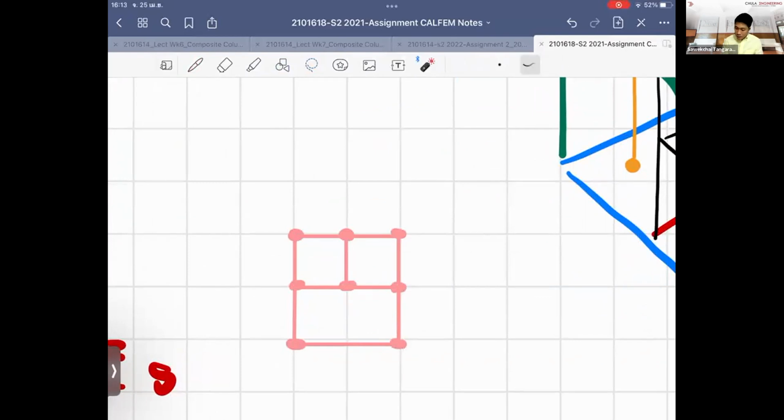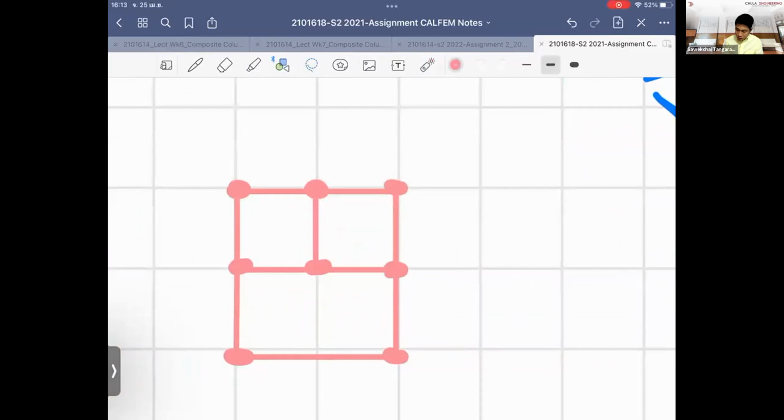The hanging node will have incompatibility over these regions, because here we have 4 nodes, and the movement is at the degrees of freedom, right? But this element is only connected to the top 2 elements at the node. So this element doesn't connect to the node. So what happens when we plot the deformations? We will see that there is an opening of the surface, because this one can deform.